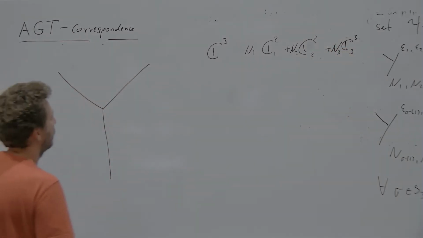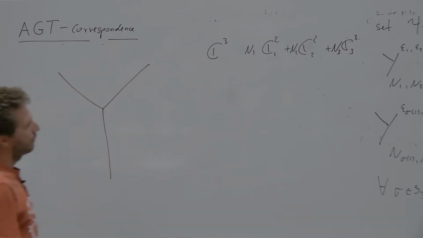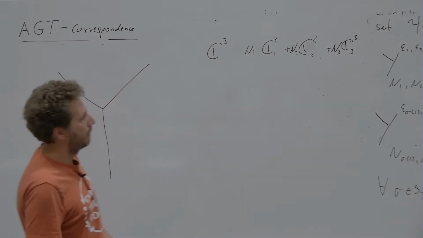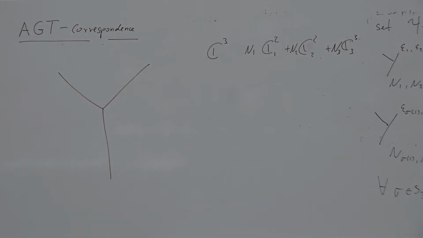So in here, the geometer is interested in what are called spiked instantons. That's the moduli space of coherent sheaves supported on such a divisor. So this means we are interested in geometry here, the moduli space of certain sheaves.